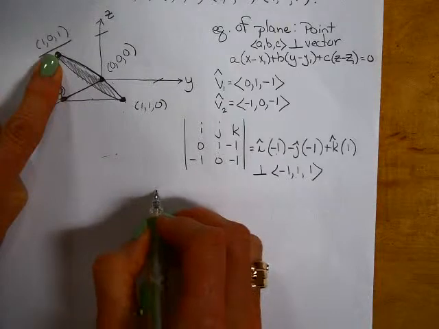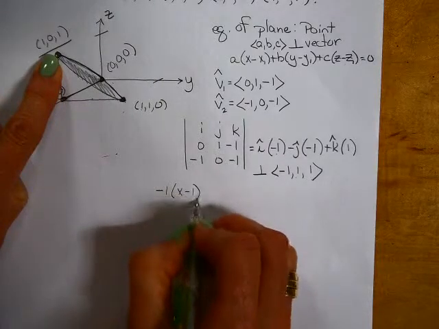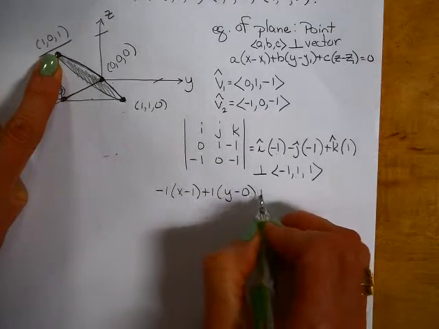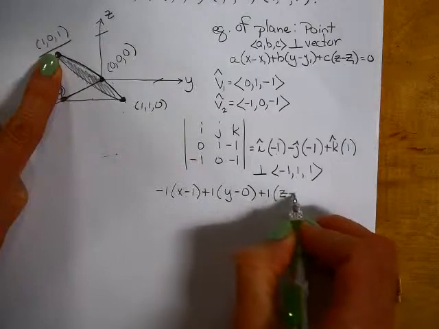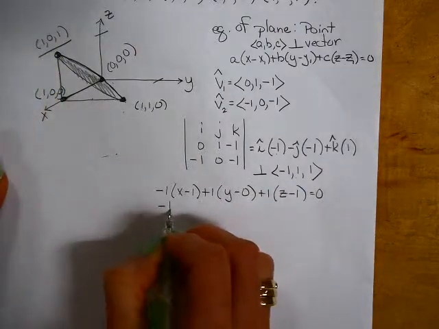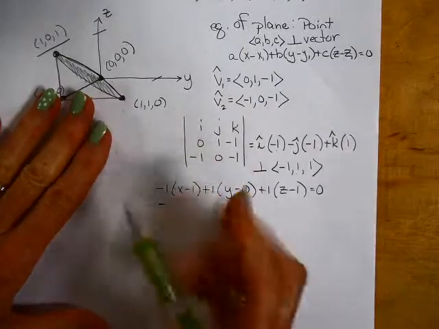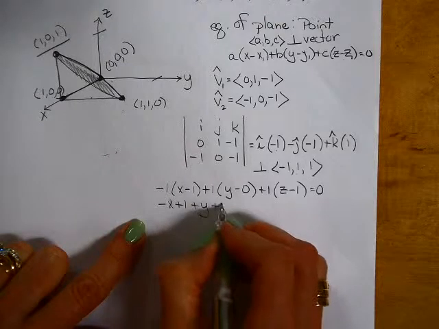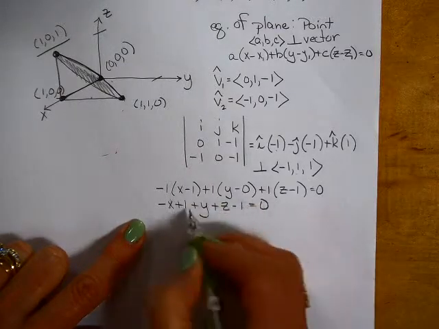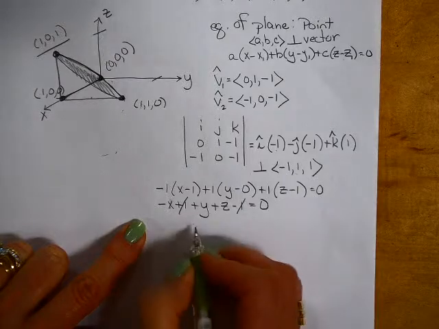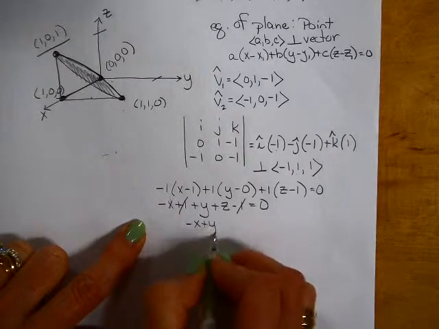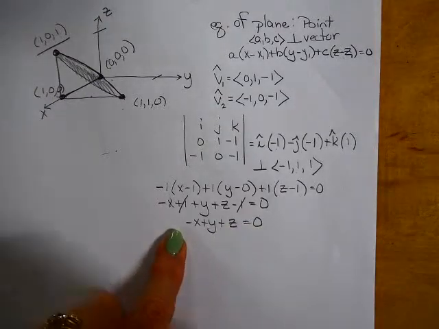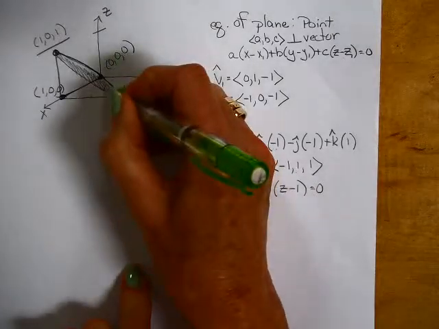So the equation of the plane would be negative 1 times (x minus 1) plus 1 times (y minus 0) plus 1 times (z minus 1) equals 0. That's negative x plus 1 plus y plus z minus 1, and 1 minus 1 cancels, so negative x plus y plus z equals 0. This is the equation of the plane that's right there.